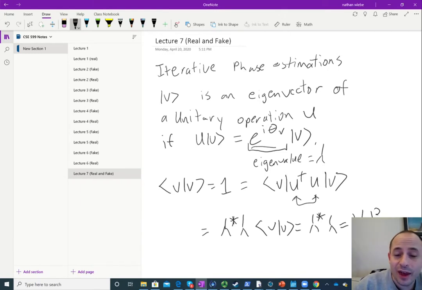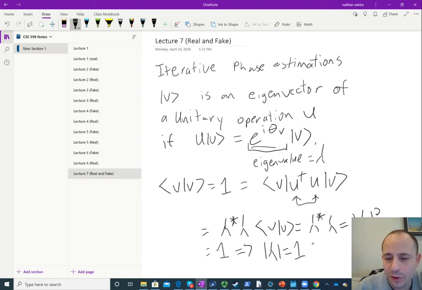Now this has to be equal to 1, and so this implies the absolute value of lambda equals 1. Now lambda's a scalar, and so all solutions to this equation can be expressed by writing lambda equal to e^{iθ_v}. So without loss of generality, we can assume that the eigenvalues are e^{iθ_v}.